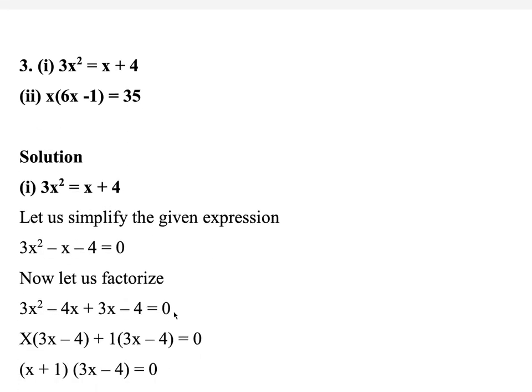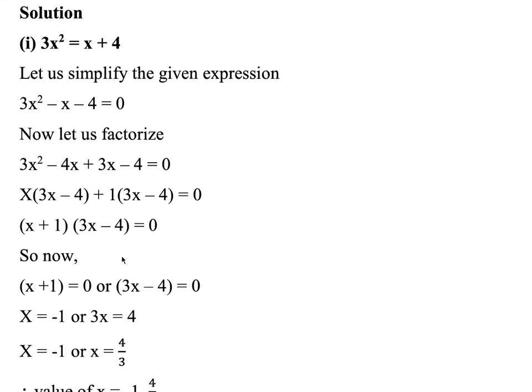Come to the next problem. 3x square is equal to x plus 4. So this x plus 4 I have to take to the left hand side, so the sign will be changed. 3x square minus x minus 4 is equal to 0. After that, factorize. Minus 4 plus 3 is equal to minus 1.